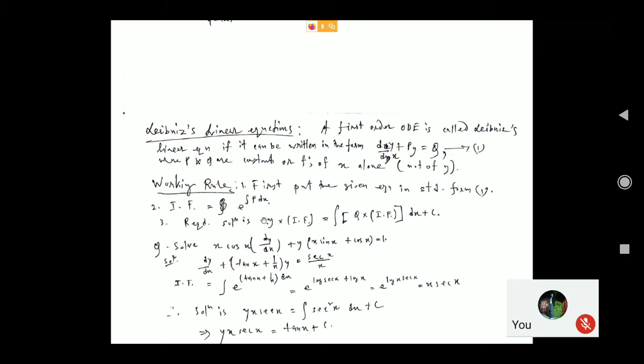This is another way of finding the integrating factor. If it is Leibniz's linear equation, then e to the power integration P dx will always be the integrating factor. The required solution that you should commit to memory is y into integrating factor equal to integration of Q into integrating factor dx plus c.